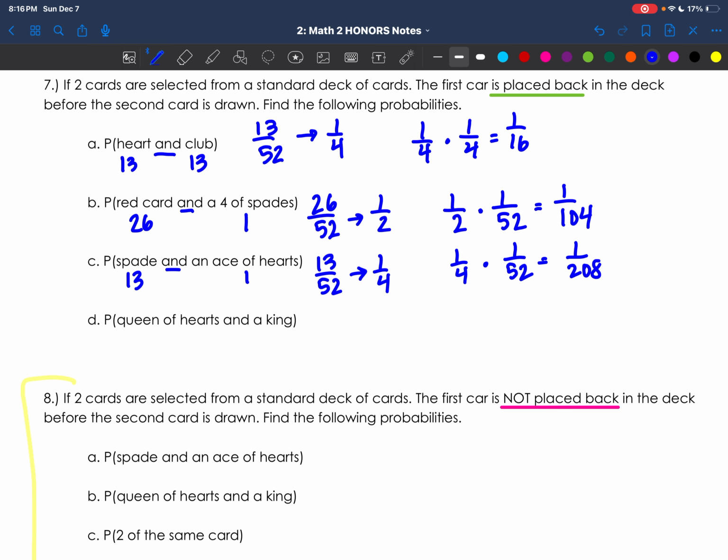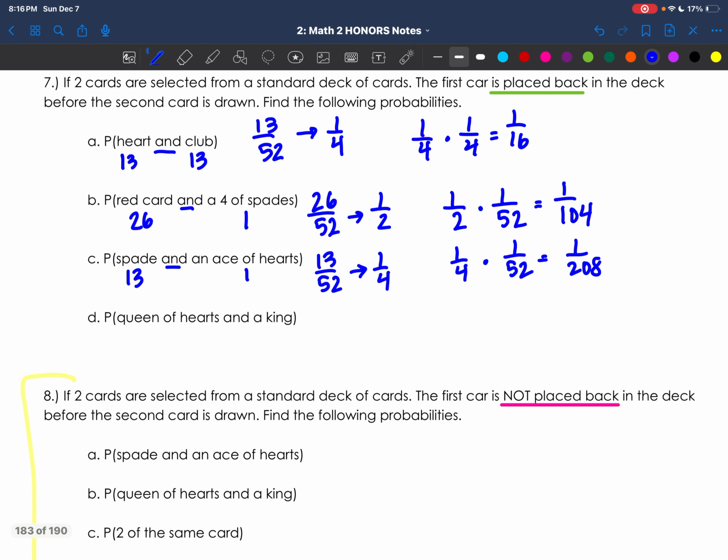All right, and then here, the probability, it's a queen of hearts. Well, you only have 1 queen of hearts and a king. It doesn't specify how many kings or which type of king, so I know I have 4. And remember, probability you're always going to write as a fraction or a decimal. So probability of queen of hearts, you've got 1 out of 52. Well, with king, you've got 4 out of 52.